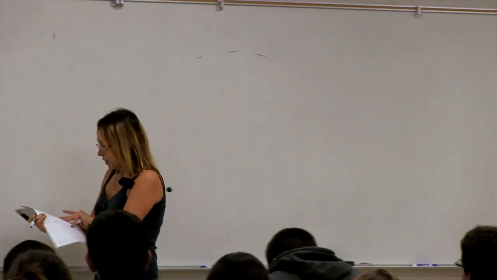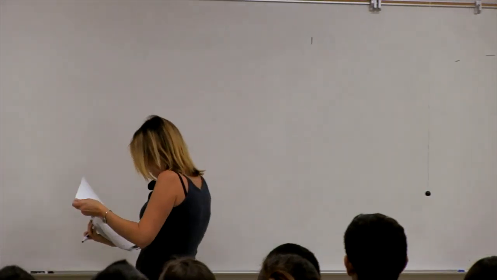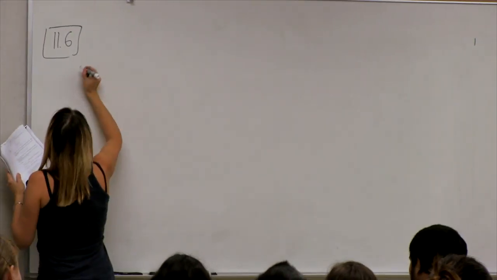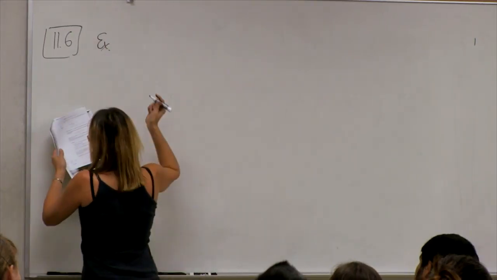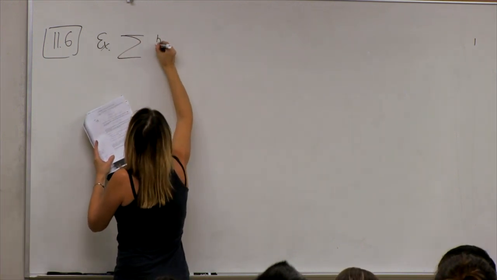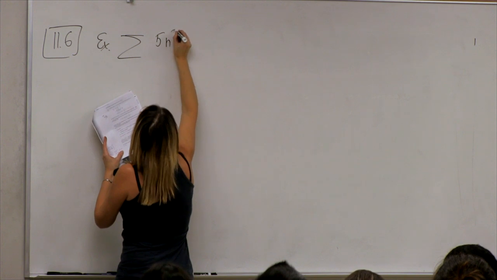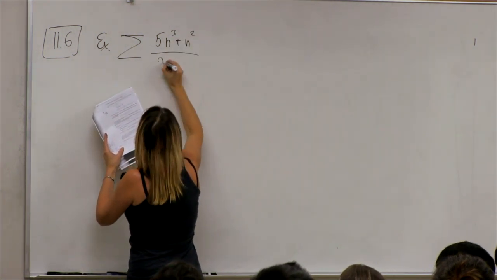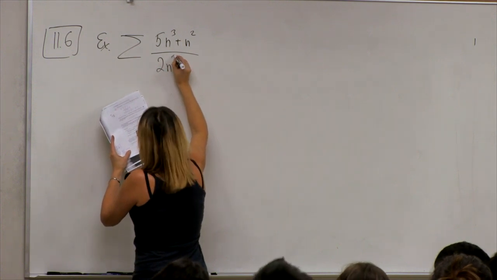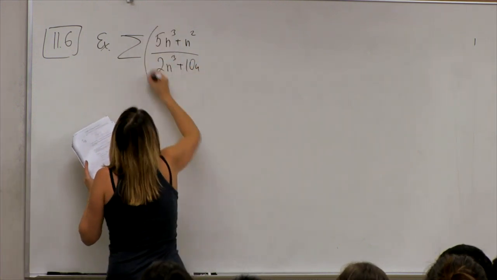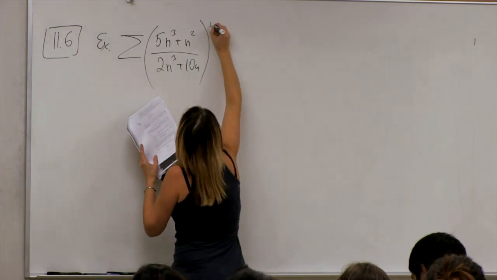So let us look at one example, and then I'll explain why this works. We consider the following series: the sum of (5n cubed plus n squared over 2n cubed plus 10n), all to the power of n.